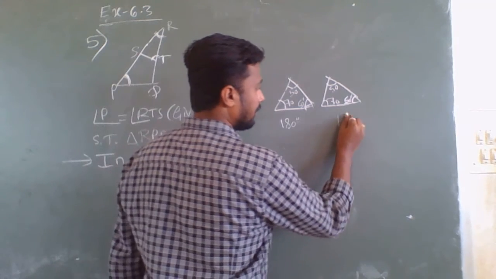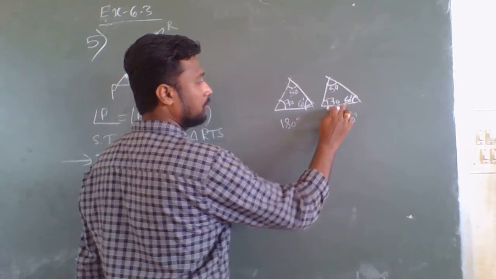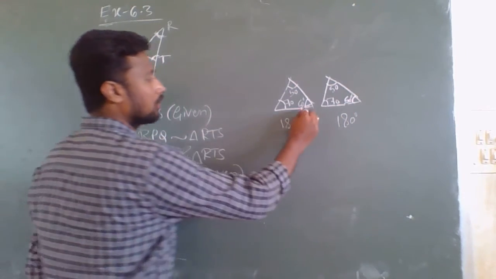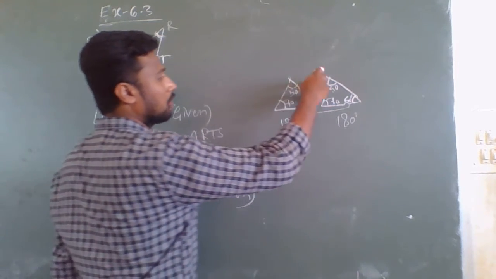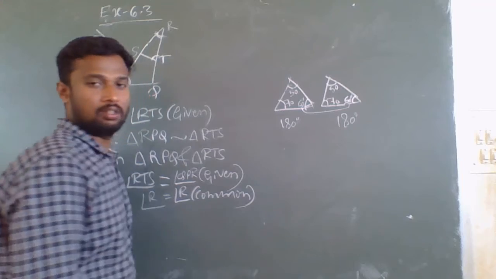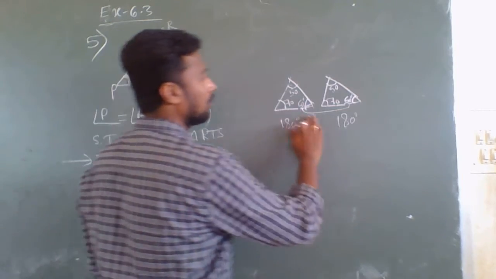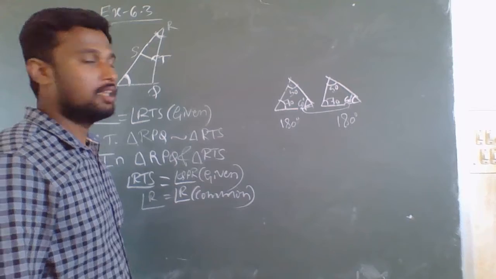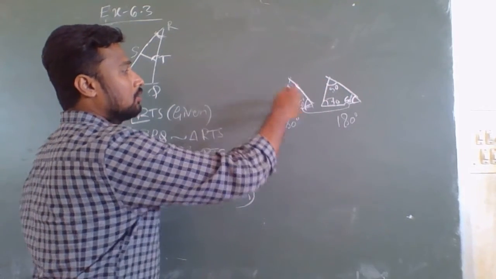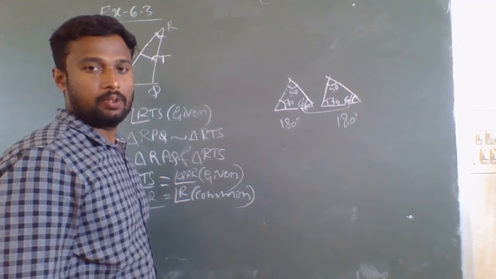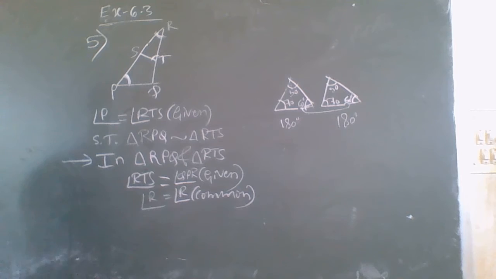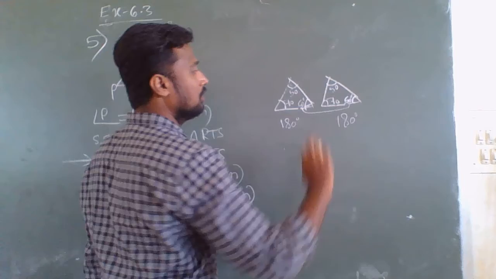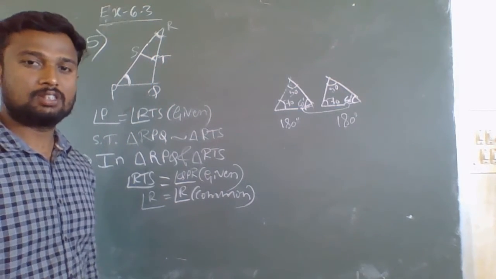Therefore these two remaining angles are also equal. When two corresponding angles are equal in triangles, the remaining angle is also equal, so these two triangles are similar.